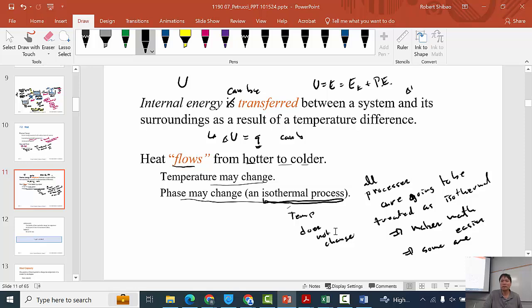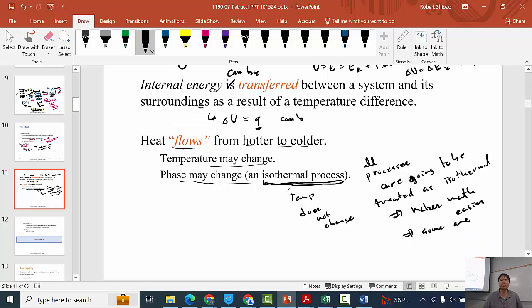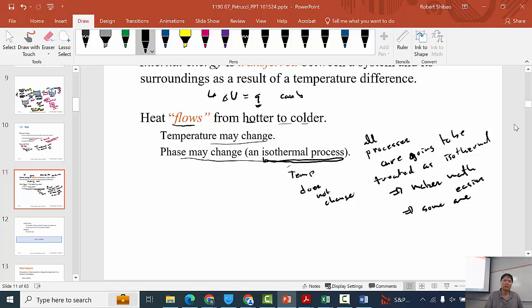And we have delta U. Delta U is going to equal the change in kinetic energy plus the change in potential energy. So if this is transferred as heat, basically it boils down to this. I'm going to summarize this slide as this.